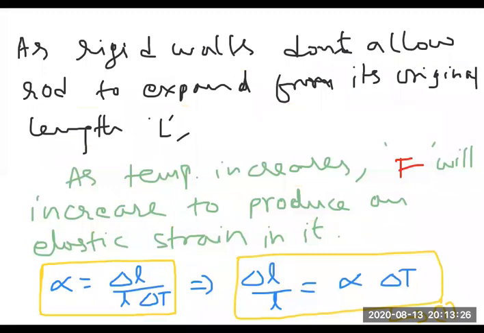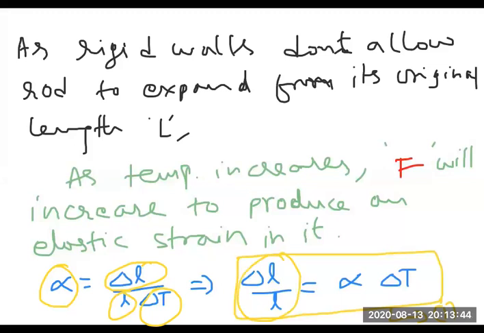Linear expansion we discuss with alpha. What is alpha? Alpha is the coefficient of linear expansion. It is the change in length divided by the original length into temperature change. So delta L by L I can write as alpha delta T.